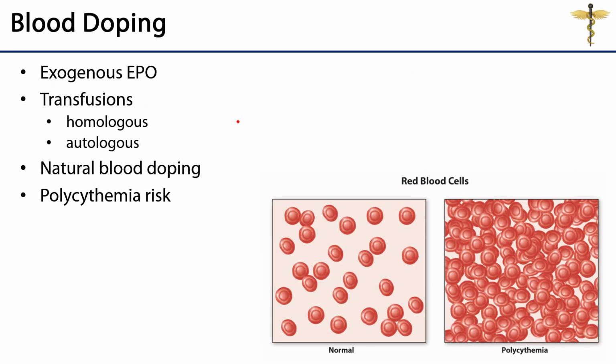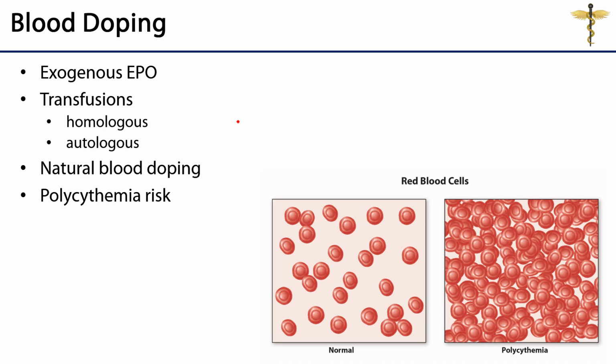It is possible that an individual can take advantage of this process to cheat in athletic events. This is known as blood doping, so they can take exogenous EPO and inject it so as to elevate their hematocrit artificially.